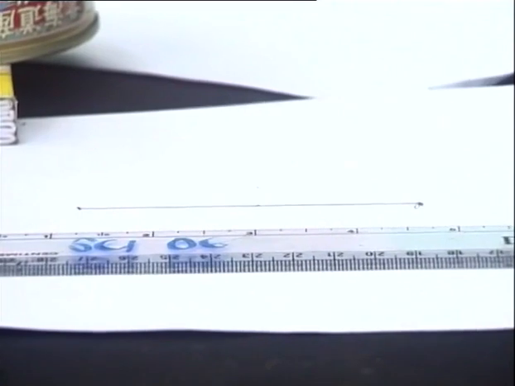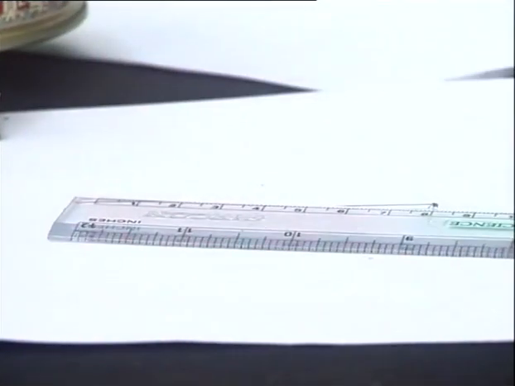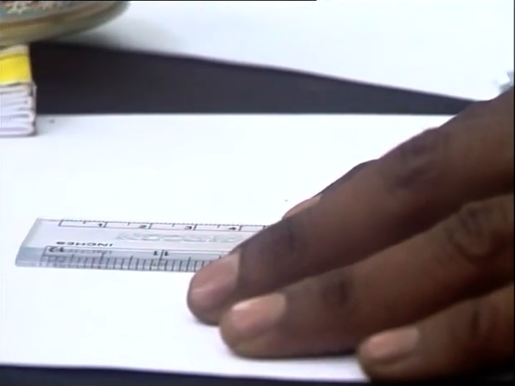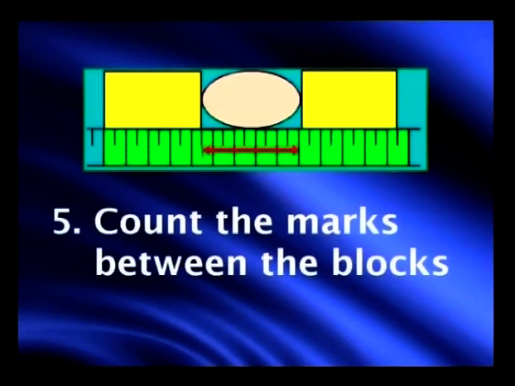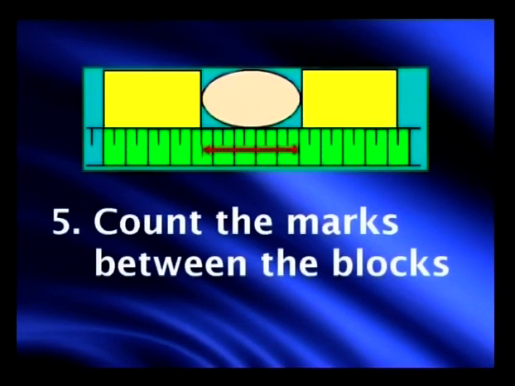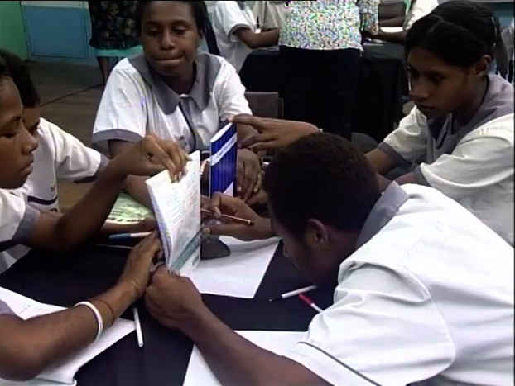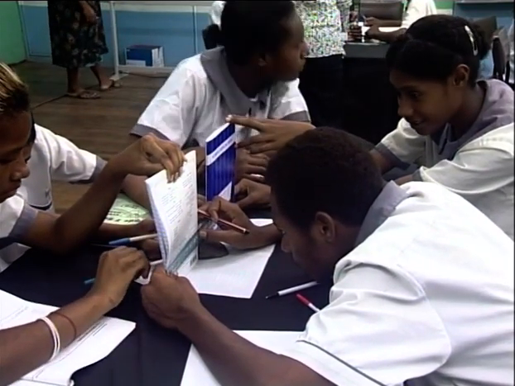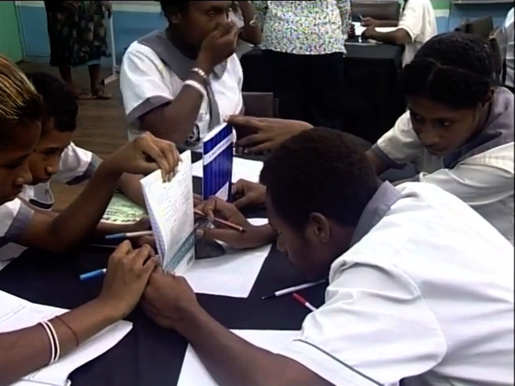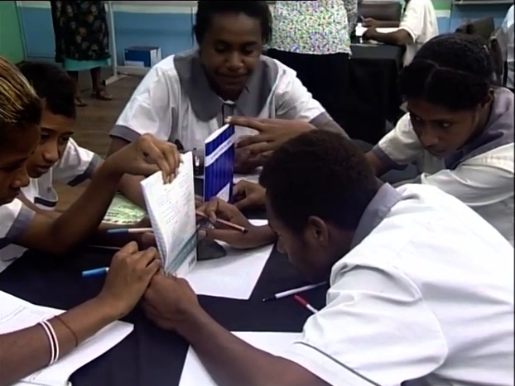Now you can find the length of your object. The instruction number 5, you can measure the length of your object. Rule a line. Just make sure that it's straight. Okay, now rule a line so to find a measurement.